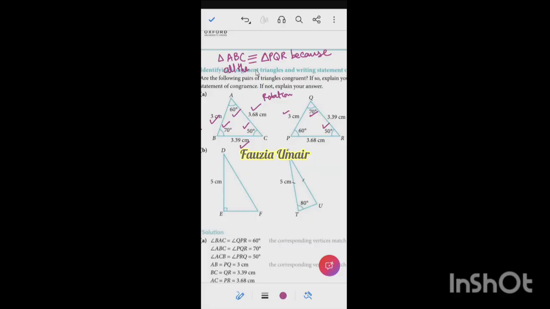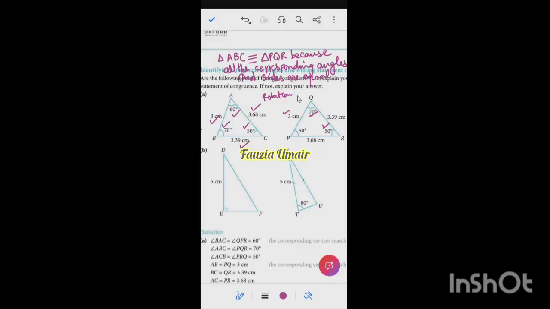Because all the corresponding angles and sides are equal. So this is the answer of part 1. So how you will write down the congruent statement? You will say triangle ABC is congruent to triangle PQR because all the corresponding angles and sides are equal.